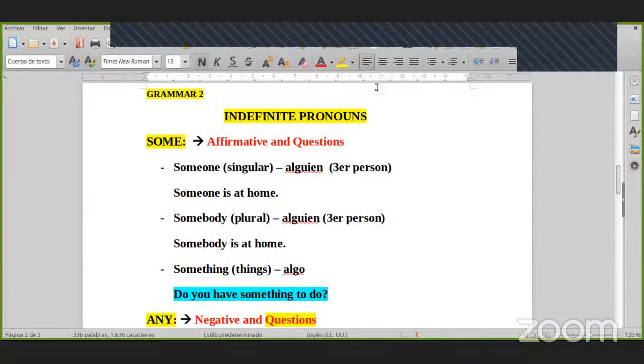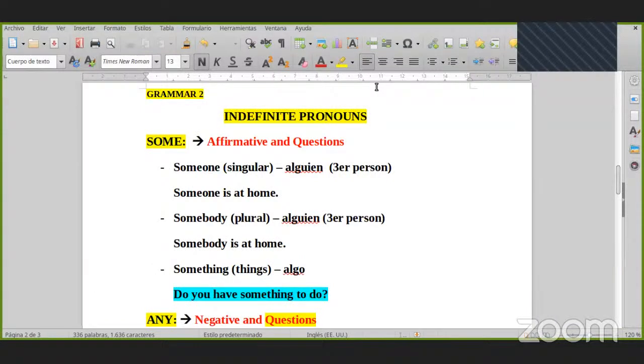This second one is called the indefinite pronouns. We use the indefinite pronouns when we talk about objects, things, even people.